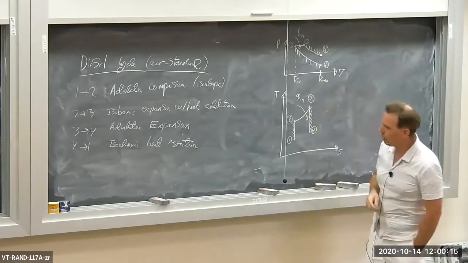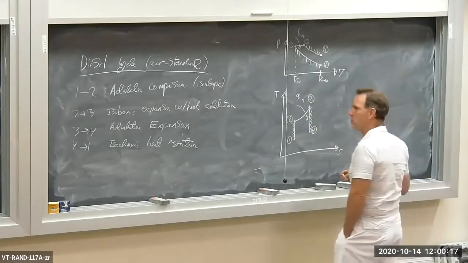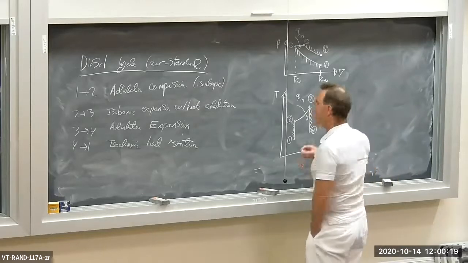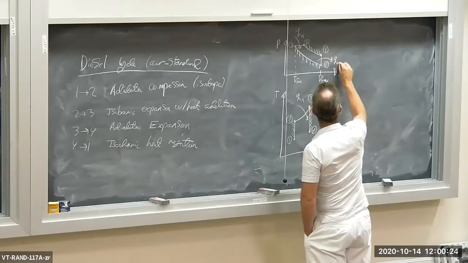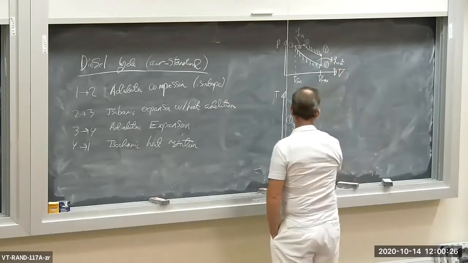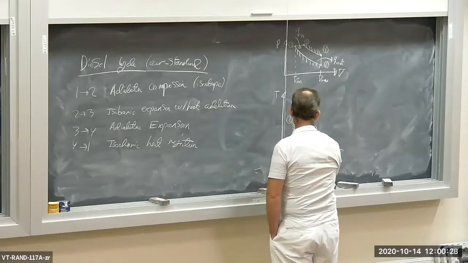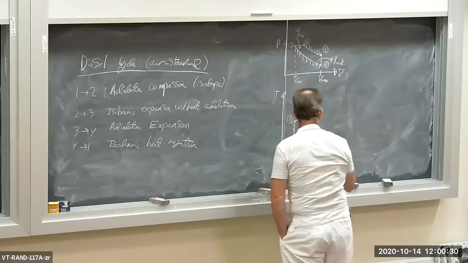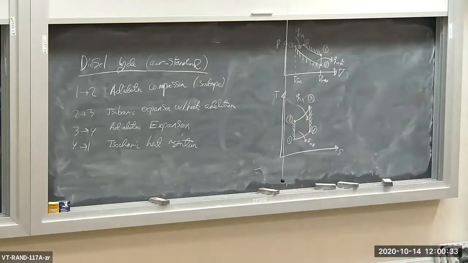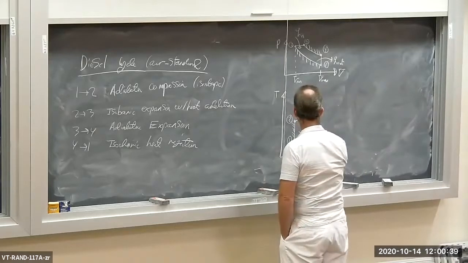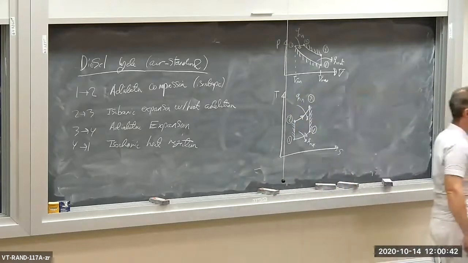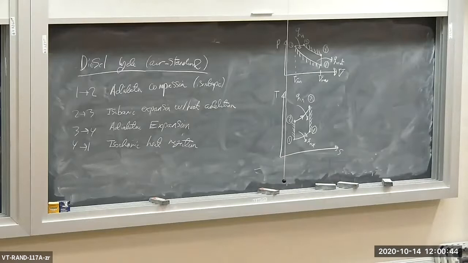And then we finish off the cycle back to state 1 with isochoric heat rejection, just like in the Otto cycle. So we have a constant volume Q out, heat rejection, entropy decreases, temperature decreases, and we end up back at state 1.